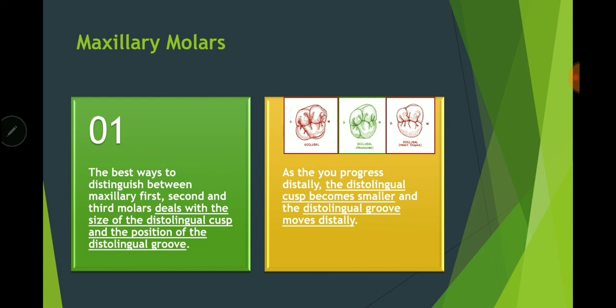As you progress distally, the distal lingual cusp becomes smaller and the distal lingual groove moves distally, as you can see in the picture. All right, here we have a distal lingual cusp. Here we have a smaller distal lingual cusp, and then here on the third molar, it's missing.